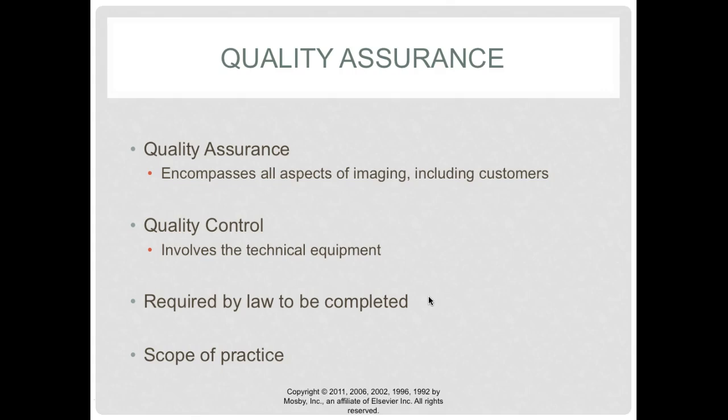Quality assurance encompasses all aspects of the imaging, including customers. Quality control involves the technical equipment. It's required by law that we do it. So you are part of the team. You have to help us with the QA and QC, and it's part of our scope of practice. So that is your quality assurance and your quality control. I'll post a test for you soon.